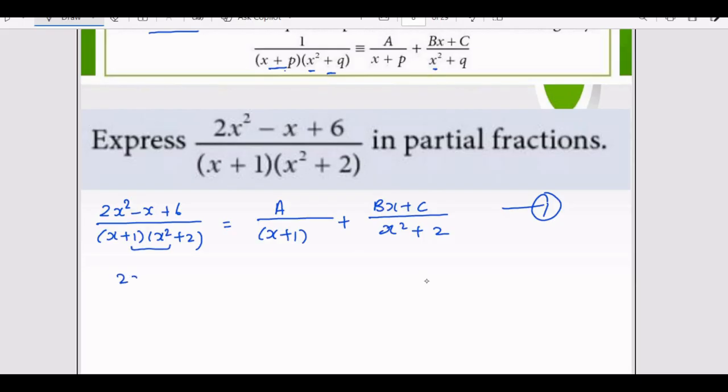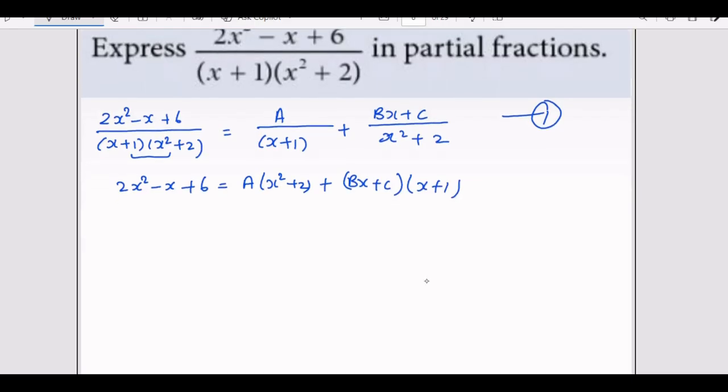So we have 2x² − x + 6 equal to a into (x² + 2) plus (bx + c) into (x + 1). The x + 1 factor will be cancelled for the a term, and we have the linear factor like this, right? So now we can substitute. To make this 0, I can put x equals negative 1.